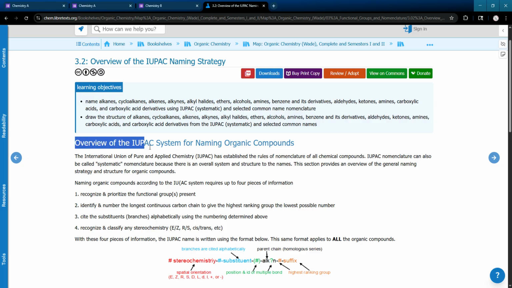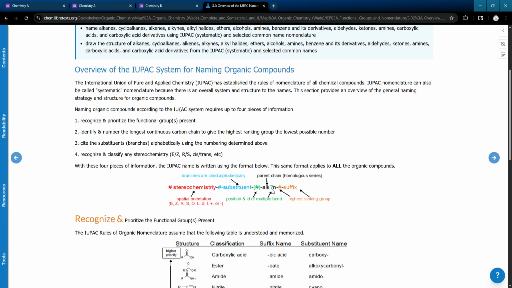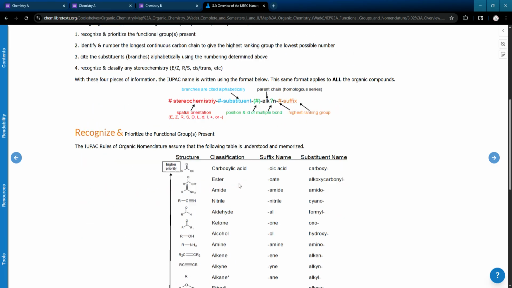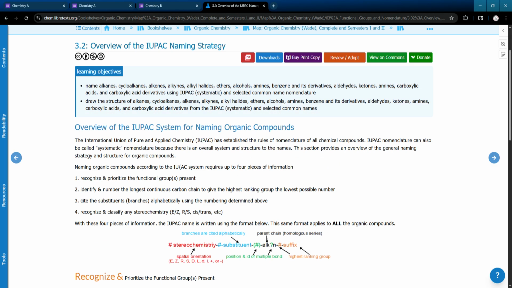Okay, overview of the IUPAC system for naming organic compounds. Wow, so there's a very nice table and detailed lines here. Let's see if we could figure it out.